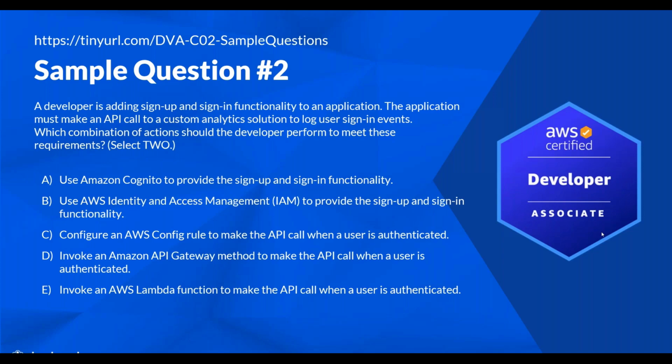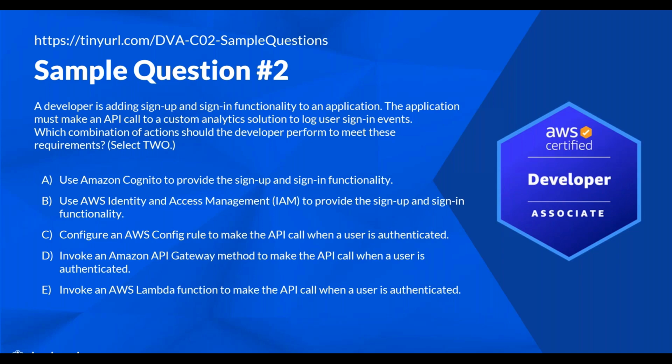Am I going to use API Gateway to make an API call, or am I going to use Lambda to make an API call? This is where it could be a little tricky, but maybe not if we think through this. Yeah, absolutely. I mean, API Gateway, again, that service-specific knowledge comes in to where Lambda's looking like the better option to use with Cognito. What do you think, Danny?